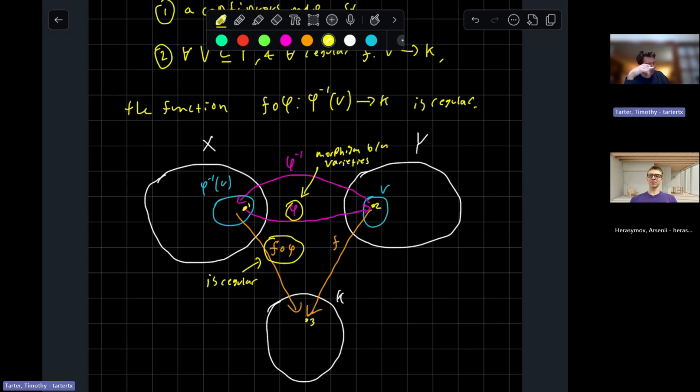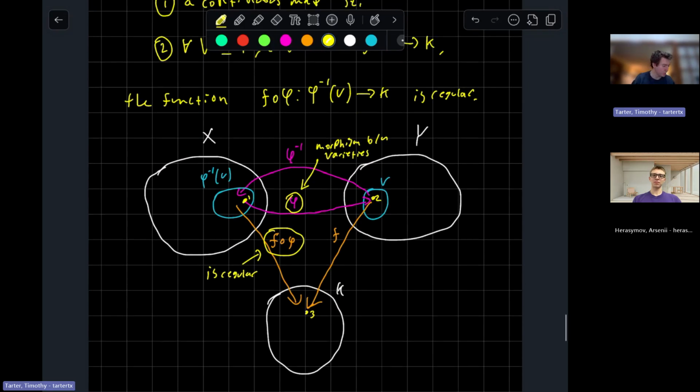Arseni, how do you feel about this definition? Do you feel like this is perfectly reasonable? I'd say the diagram makes sense. Okay. Yeah, so this diagram is universal, meaning that if you ever have a commutative diagram that looks like this, where f circ phi is regular, then your phi has to be a morphism between varieties. So it's the universal property of morphisms of varieties.